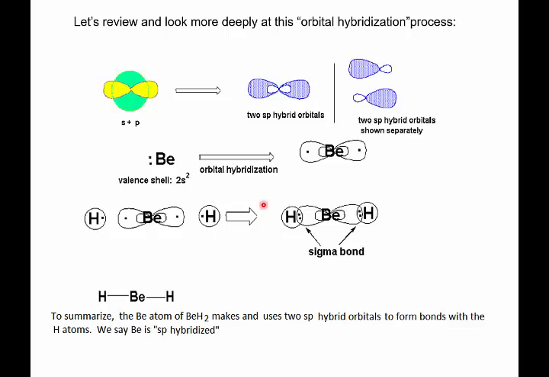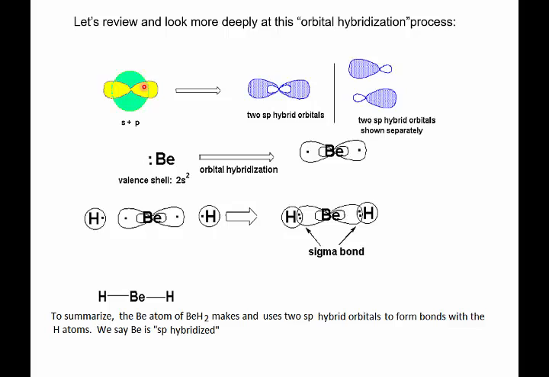In order for beryllium to bond to 2 hydrogens, it's going to need to make 2 orbitals. Those orbitals are going to arise by combining atomic orbitals. What will do it for beryllium is to take, in its valence shell, its s orbital and combine it with one of the p orbitals.